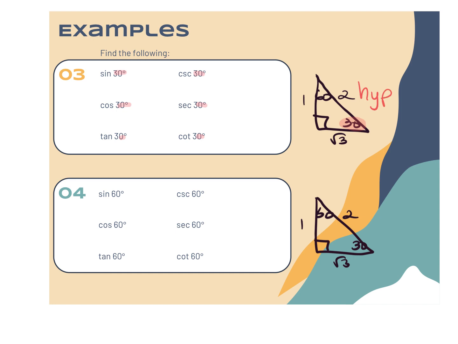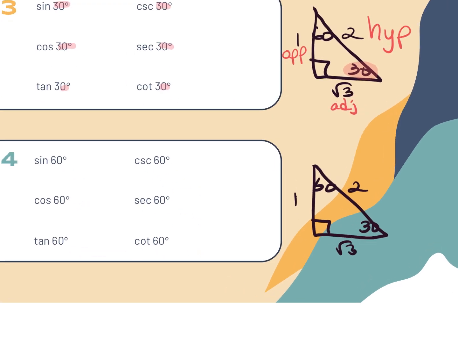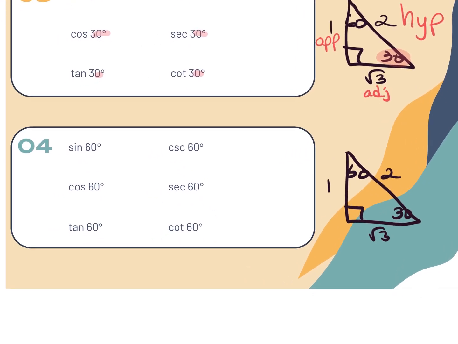The side that's opposite to 30 is the 1. And the side that's adjacent to it is the square root of 3. In the picture down here, this time I'm going to label the sides based off of the 60-degree angle, and the names on the sides change depending on which angle you're talking about. The 2 is still the hypotenuse. The square root of 3 is now opposite, not adjacent, and the 1 is now adjacent to the 60.